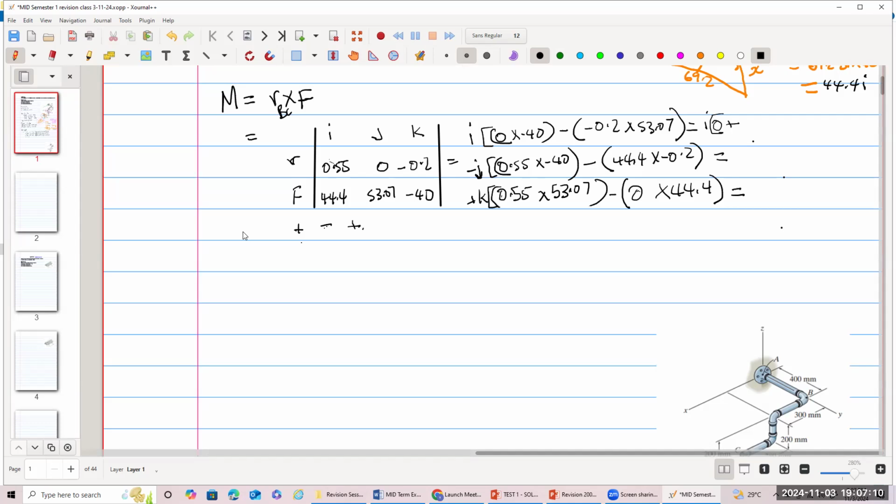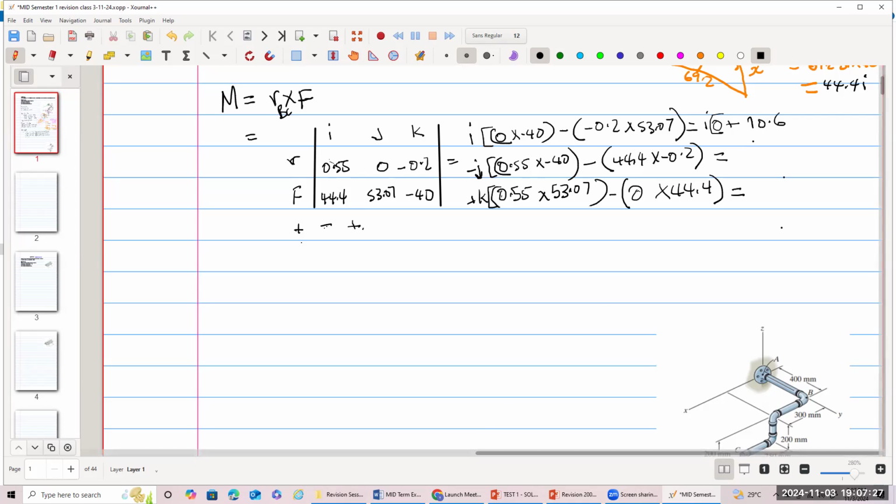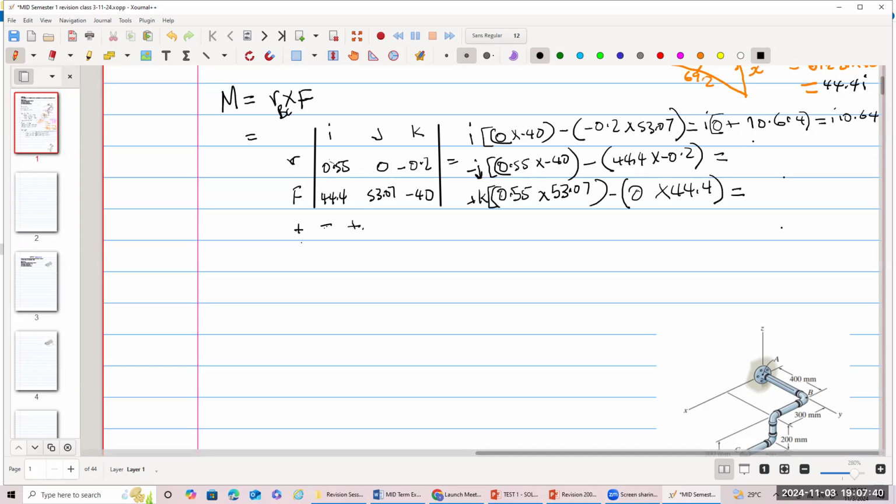And therefore that value is 0.2 times 53.07, so that is giving me 10.6, 10.64. I thought you guys would work this out already for me. So this i is 10.64. You agree with that?